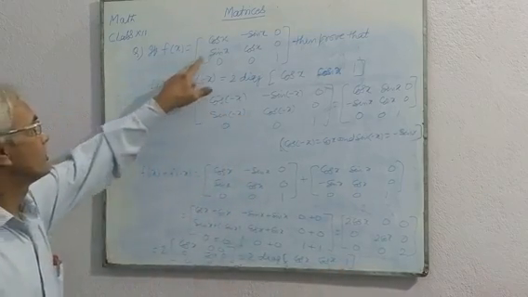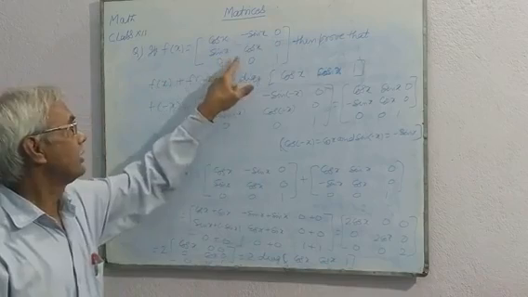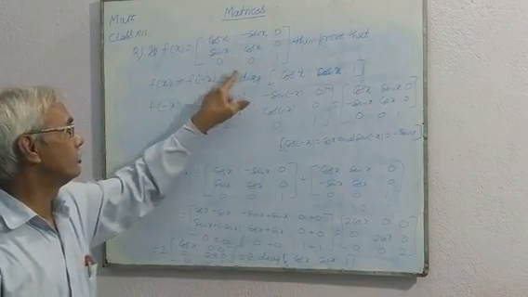Here f(x) equals [cos x, -sin x, 0; sin x, cos x, 0; 0, 0, 1].